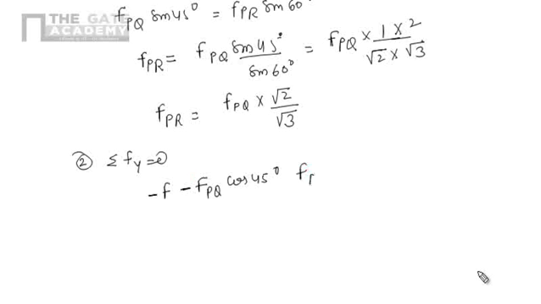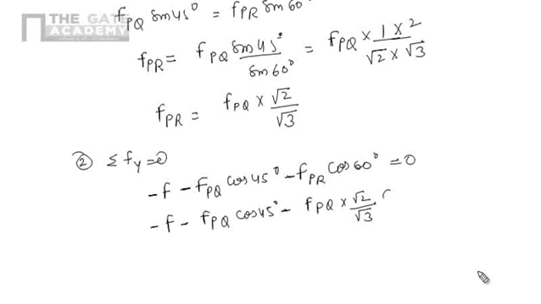Similarly the component of FPR in the downward direction, FPR cos 60, downward, negative, should be 0. So that is minus F minus FPQ cos 45, and in place of FPR we can write FPQ into root 2 by root 3 cos 60 degrees equals 0.